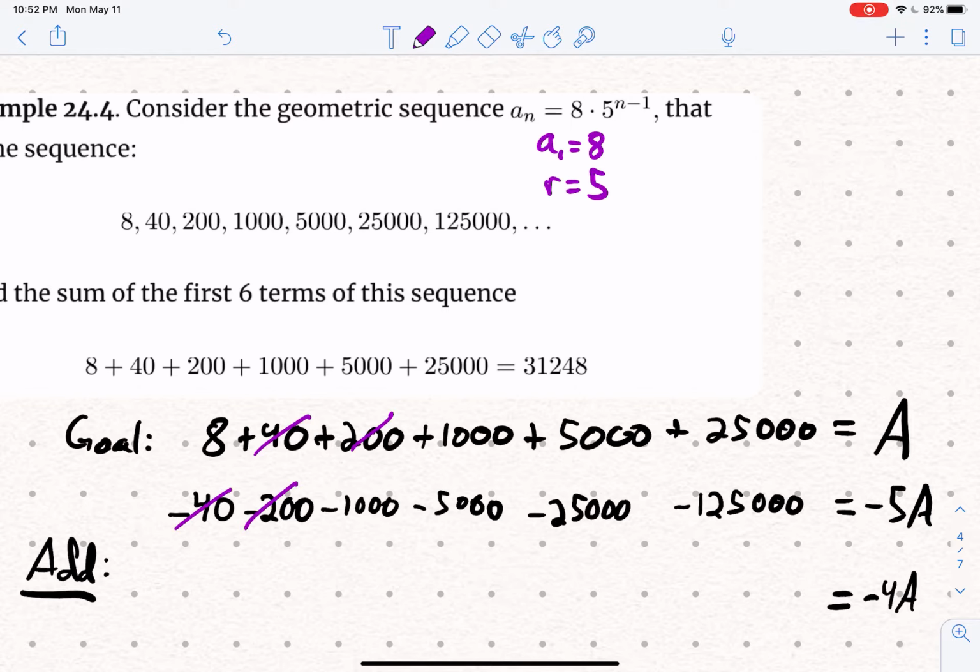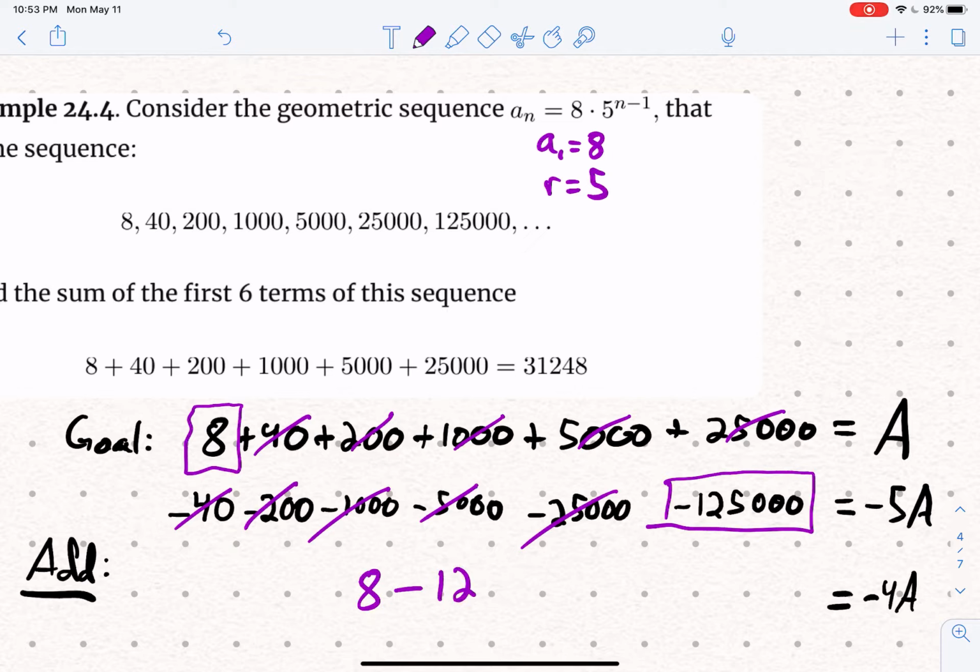Look, these things all cancel. 1,000 and minus 1,000 cancel. 5,000 and minus 5,000 cancel. 25,000 and minus 25,000 cancel. The only things that don't cancel are the first term and this last term. So this is 8 minus 125,000.